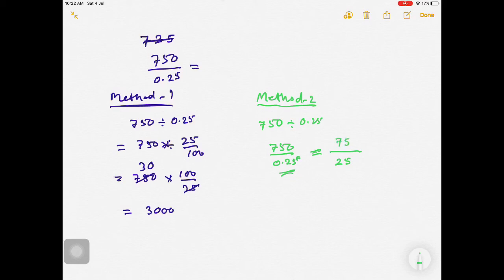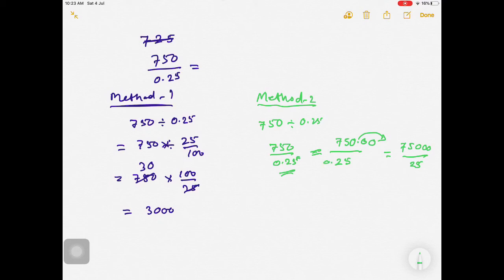Here 750 means 750.00. So if we move it 2 places towards the right, we get 75000 by 25. Okay.